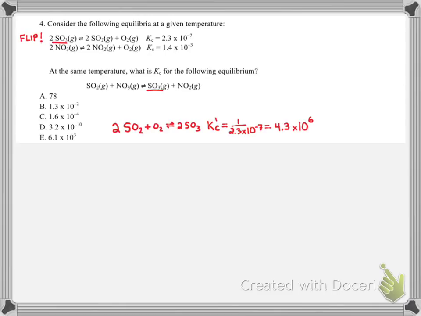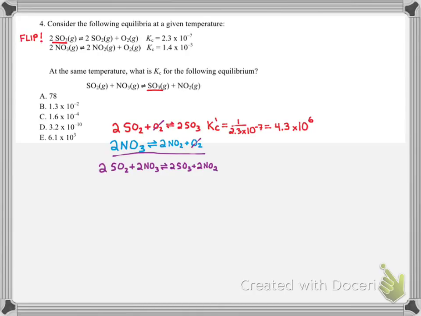So how can we get this overall reaction that we're looking for here? Well, let's combine our flipped reaction 1 with our reaction 2. And when we do, what cancels out? Well, the O2 cancels out. And then we can get an overall reaction.